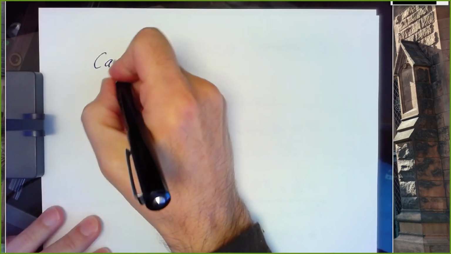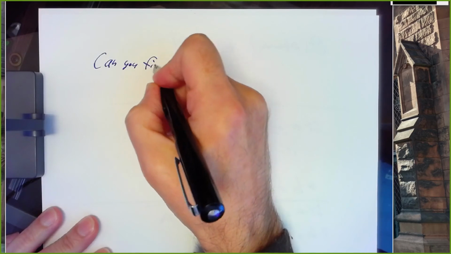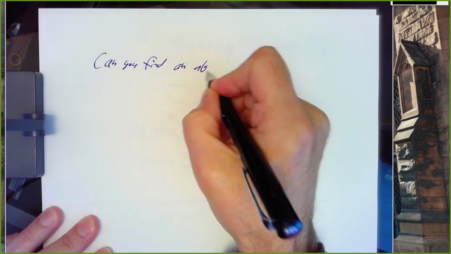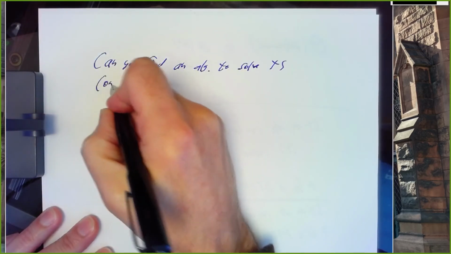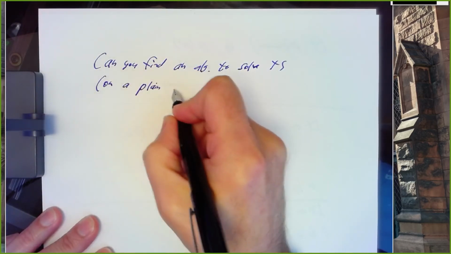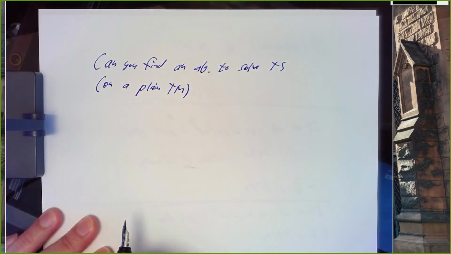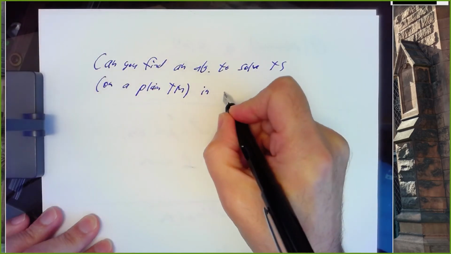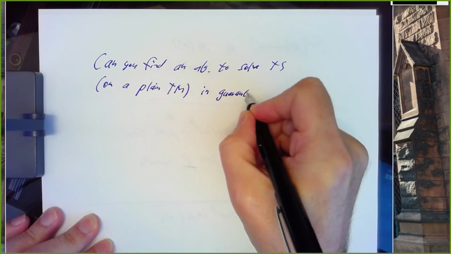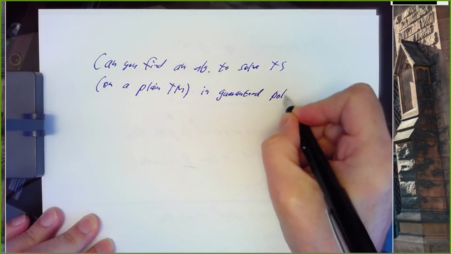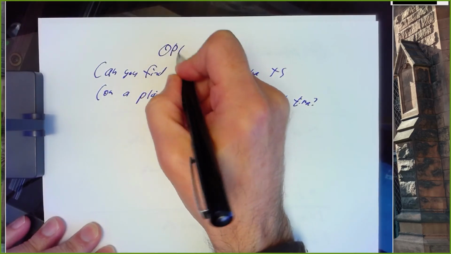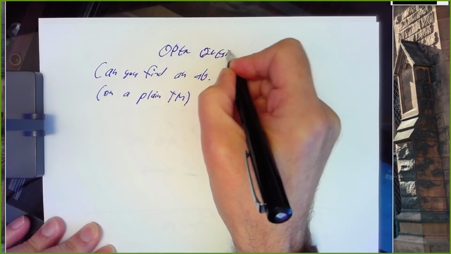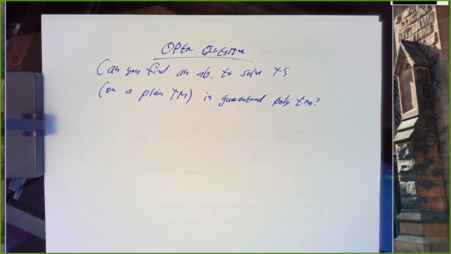So can you find an algorithm to solve traveling salesperson on a plain Turing machine, so no funny wizard, in guaranteed polynomial time? Yeah, there's a lot of money around that.